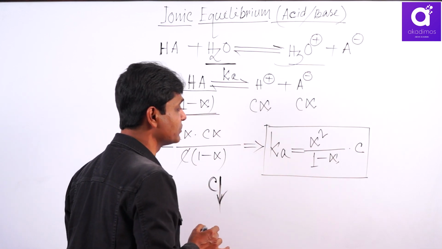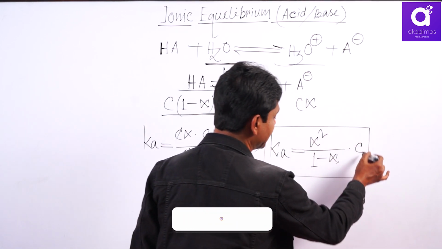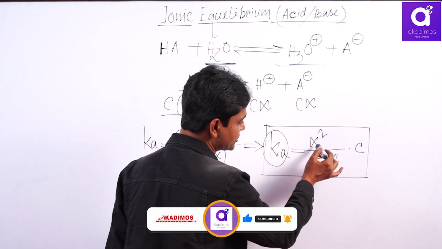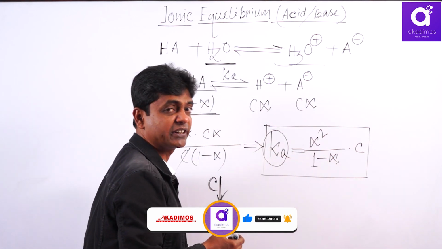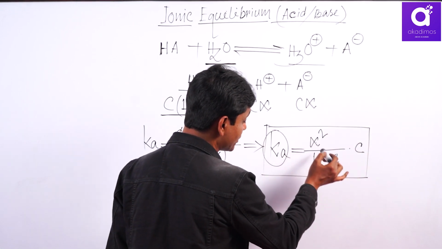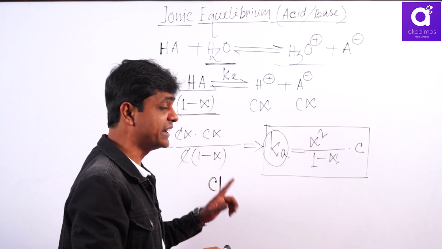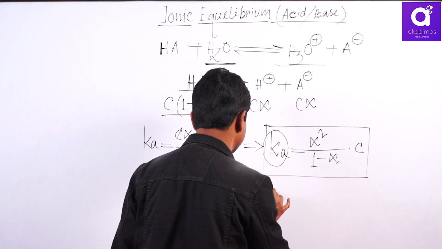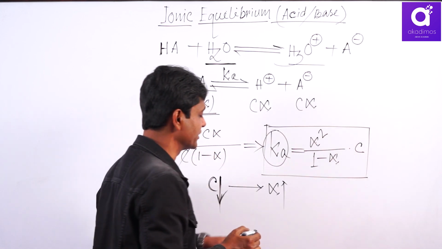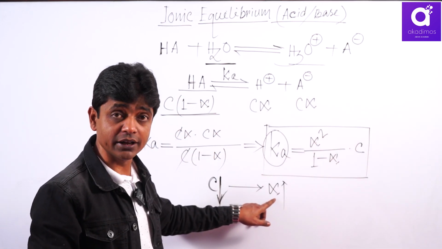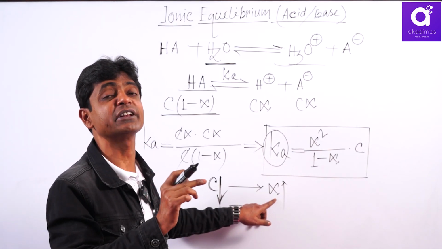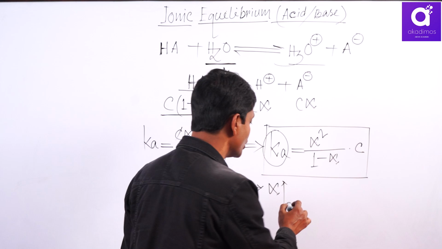Since Ka is constant, to maintain Ka constant, alpha square by 1 minus alpha must increase, and this value increases if alpha increases. That means with increase of dilution, alpha, the degree of dissociation, that is the fraction of dissociation at equilibrium, increases.